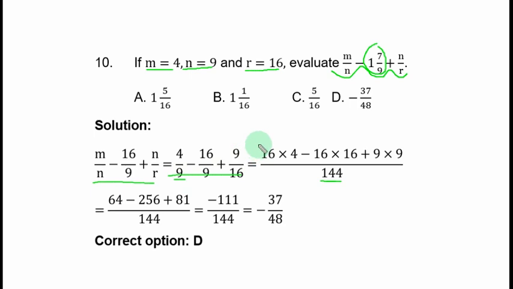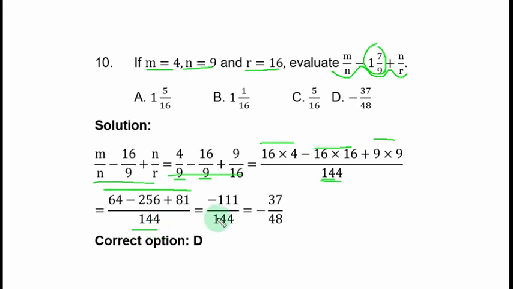You have 16 times the first numerator 4 minus divide 144 by 9 again. 16 times 16. You divide 144 by 16, you have 9. Then 9 times 9. If you simplify the numerator, you have 64 minus 256 plus 81 over 144.